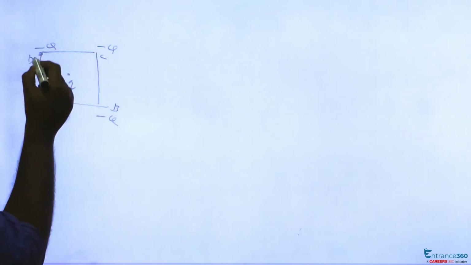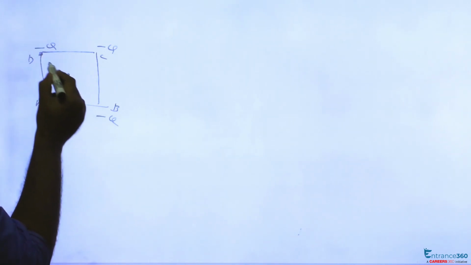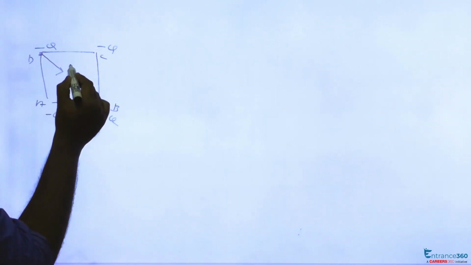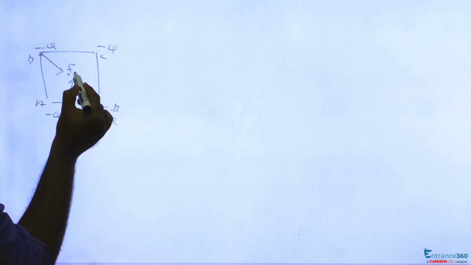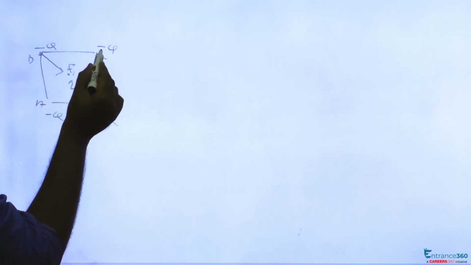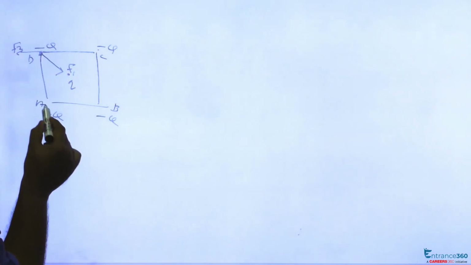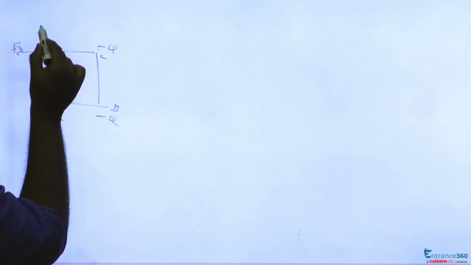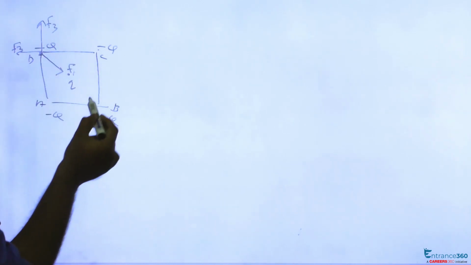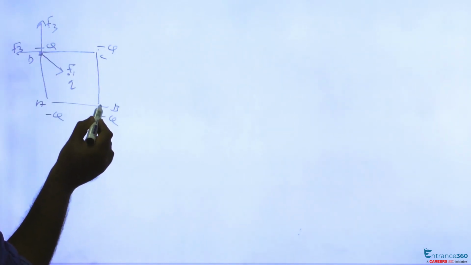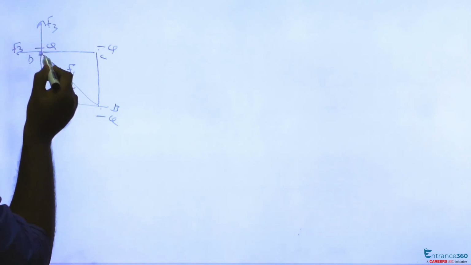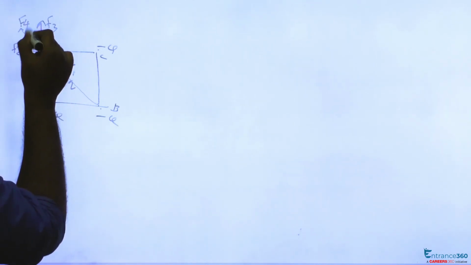The force acting on this point will be force due to small q, let's say F1, then force due to this charge, let's say F2, and force due to this, say F3, and force due to charge at B, say F4.